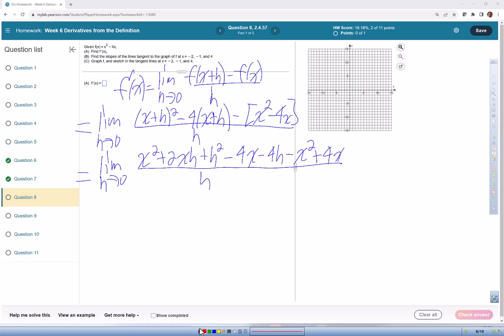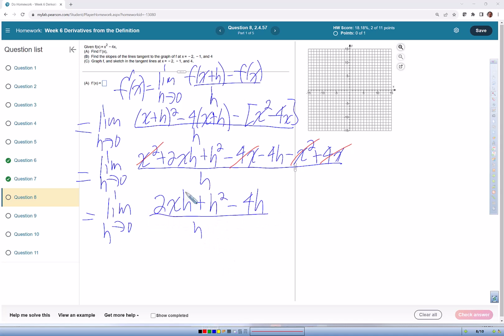We have a simplification opportunity here. X squared minus x squared is 0. -4x plus 4x is 0. So we're left with the limit as h approaches 0 of 2xh plus h squared minus 4h all over h.